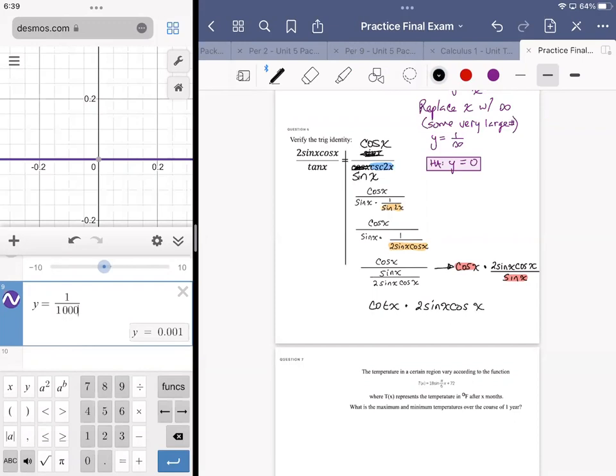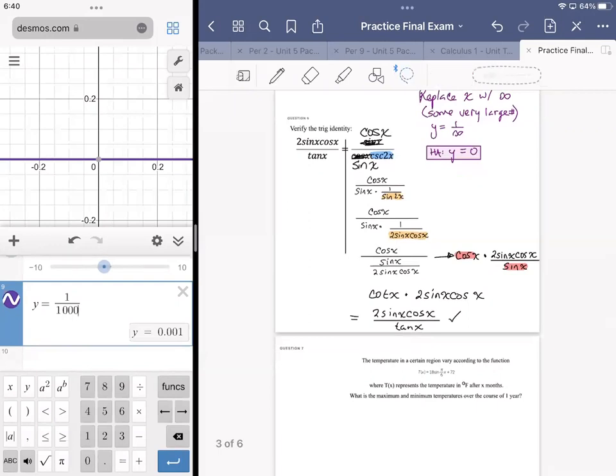If I want to move that cotangent to the bottom of a fraction, I would just apply the reciprocal. So this would become 2 sine x cosine x over tangent of x. And that's what we needed.